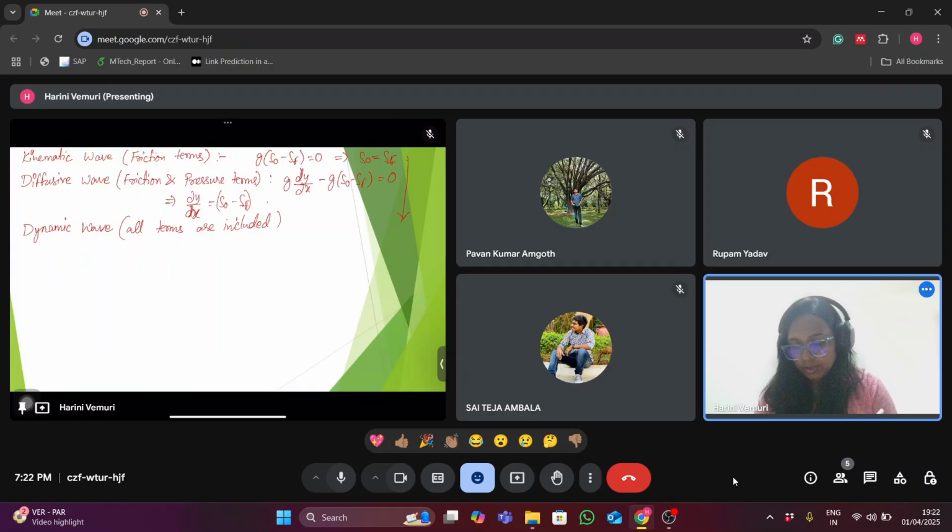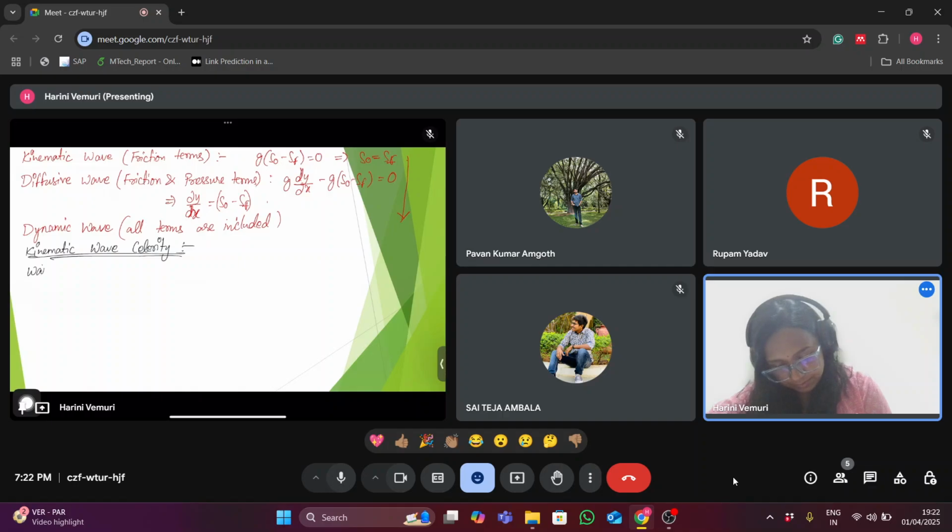So now let's look into kinematic wave celerity. What is this? First we will break this down. What is a wave first? A wave is the variation in flow, that is, change in flow rate or water surface elevation.